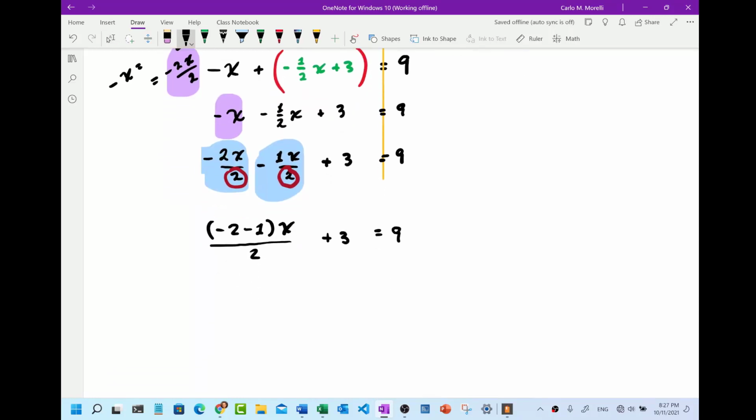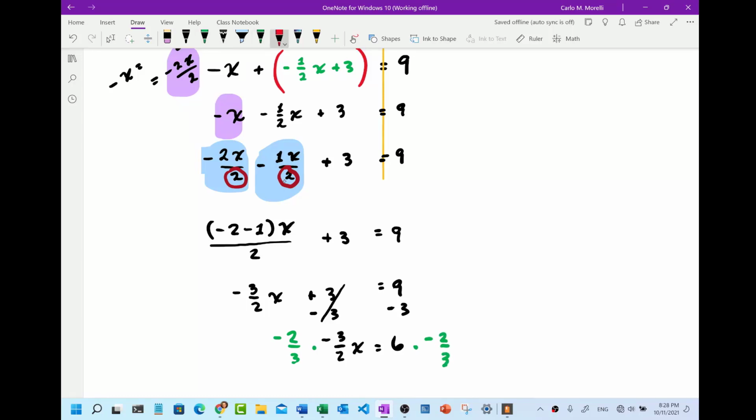So now I've got negative 3 over 2x plus 3 equals 9. Subtract 3 from both sides, and I have negative 3 over 2x equals 6. And what I want to do is multiply by the reciprocal, which would be negative 2 over 3, on both sides.